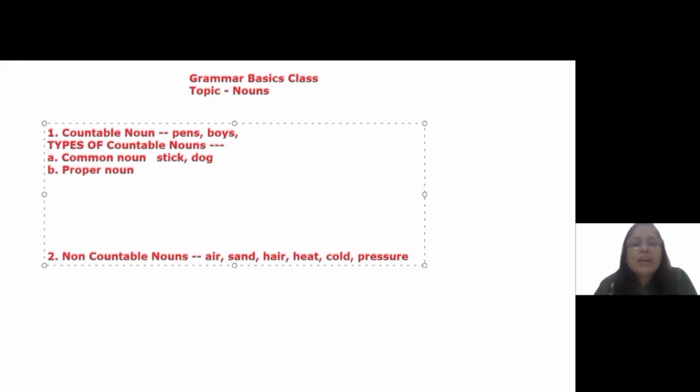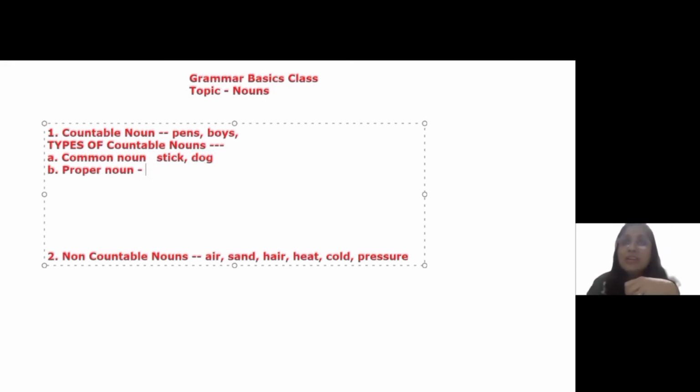Okay. Proper noun. Now, actually speaking, it can be the same person or the same object that can be a common noun as well as a proper noun. For example, I have a dog. Now, dog is the common noun, but I can give this noun a name.